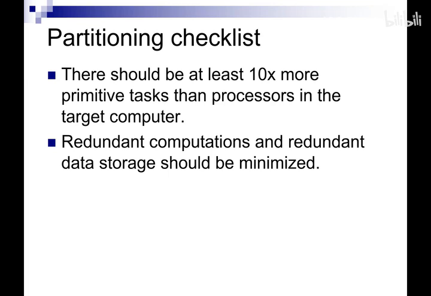Now you've done some redundant computation, but you've removed the communication, and so this could actually go faster in some cases. However, you don't want to do too much of this redundant computation. Also, sometimes you might want to store the same data at multiple locations so that you don't have to send the data, but again, you don't want to replicate this too much. So we want to minimize the amount of redundancy that we have.